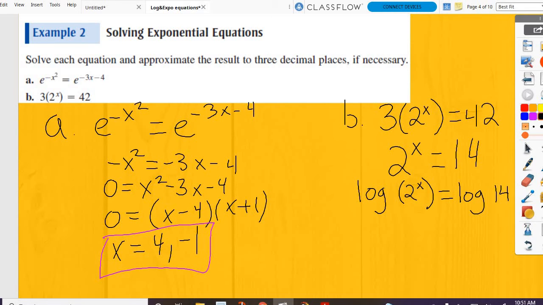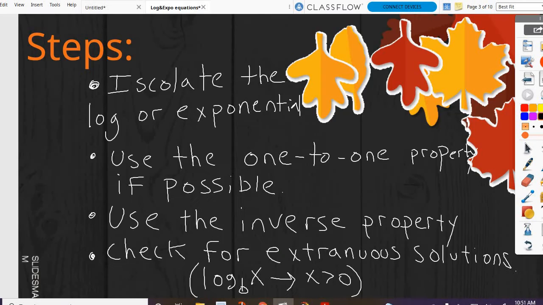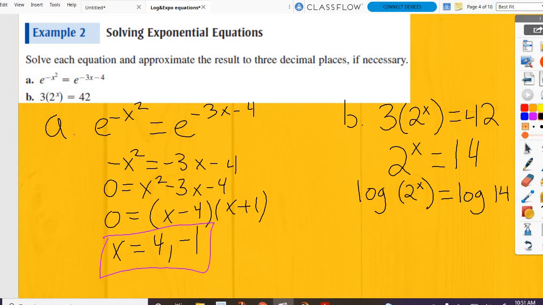Why? If I go back to my inverse property, what has to be true in order for these two things to undo each other? They have to have the same base. So in order for our logarithm to reduce with our 2 to the x, what does our logarithm have to have a base of? 2.